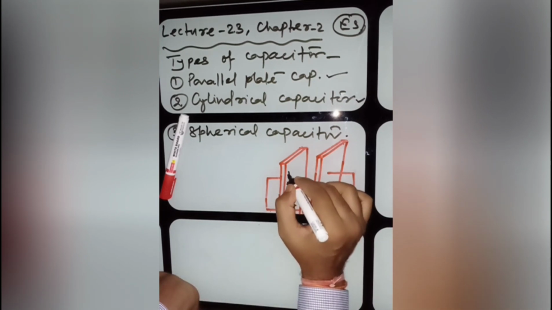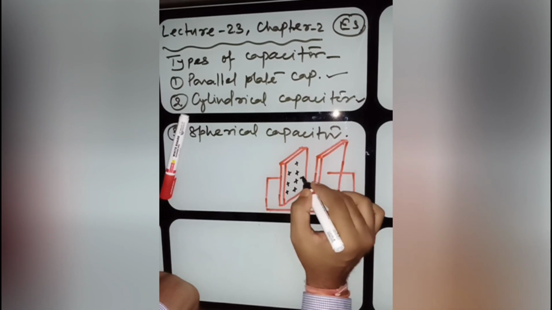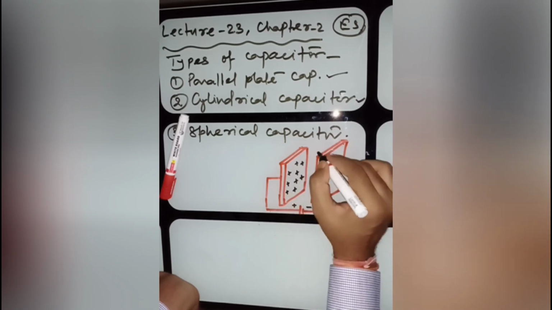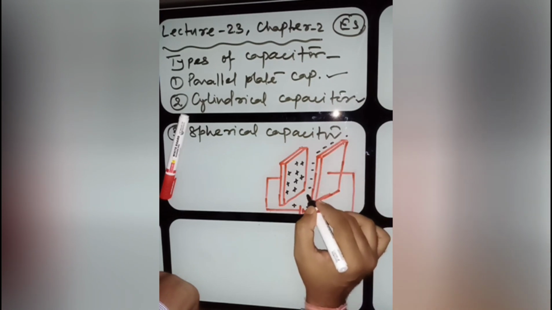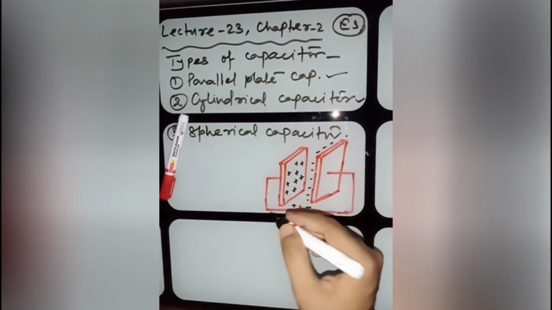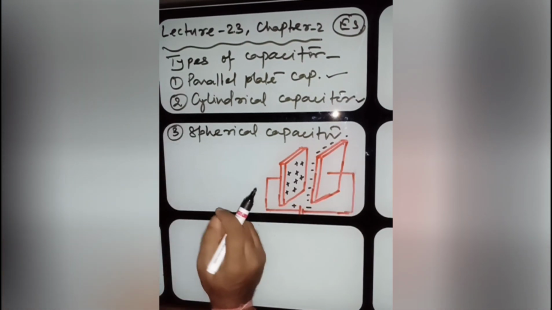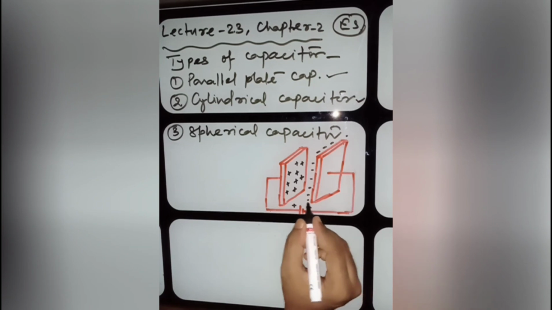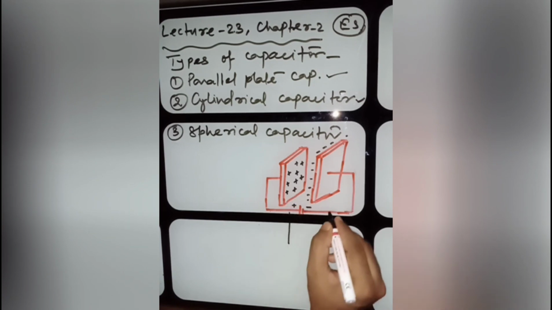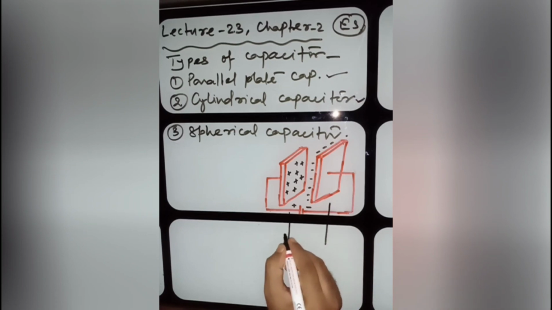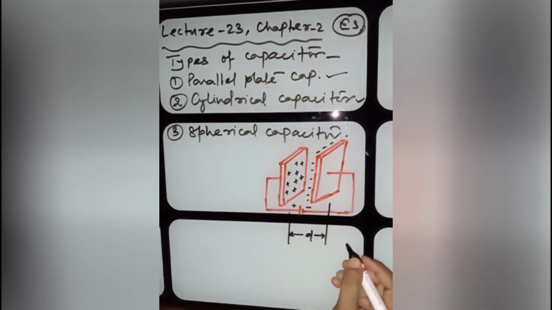Positive charge will accumulate over here, and the negative charge will be deposited on this face of the plate. Here, what are the things we'll have? The important thing, d will be the separation between these two plates. If these are the two plates, so this is the separation between two plates.